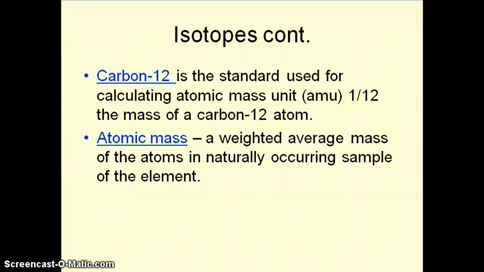So when we look at a sample of carbon, for example, we will find some carbon-12 and we will find some carbon-14, and that occurs naturally. So we take a look at how much of the carbon atoms are carbon-12 and how much are carbon-14, and we calculate that, and that is the atomic mass. That is the number that you do find on the periodic table.